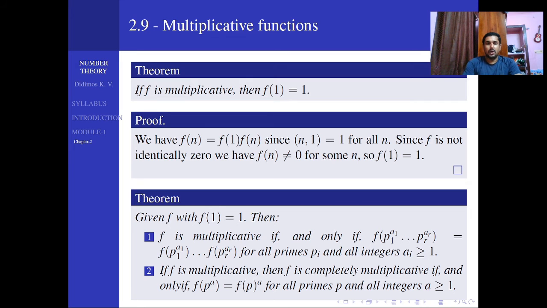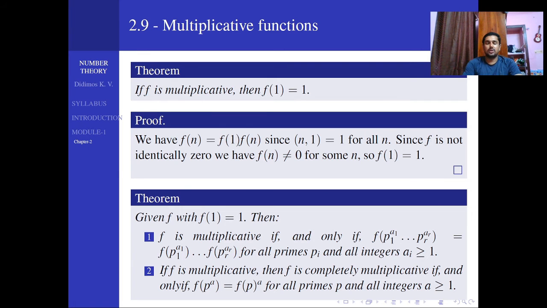Okay, next, in this section we have simple theorems. So the next theorem is: for a given f with f of 1 equal to 1, f is multiplicative if and only if f of p1 raised to a1 into p2 raised to a2 etc. pr raised to ar is equal to f of p1 raised to a1 into f of p2 raised to a2 into etc. f of pr raised to ar for all primes pi and all integers ai greater than or equal to 1.